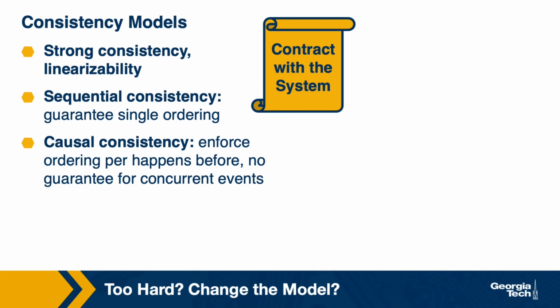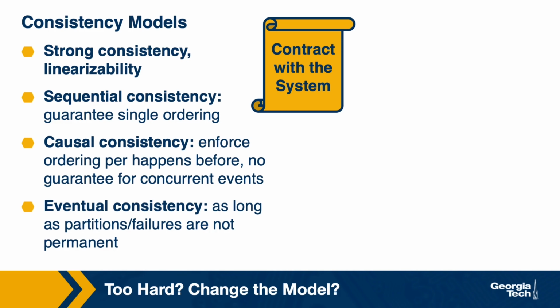For two writes, if the second write was performed after that node read the value that was written by the first write, then these are causally related. Otherwise, they're not. If they're not causally related, there are no guarantees about their ordering and how their ordering will be perceived by different nodes in the system.